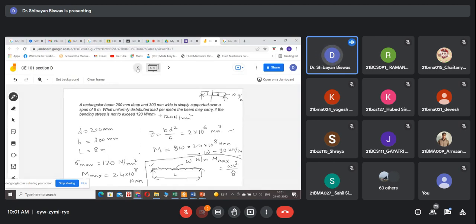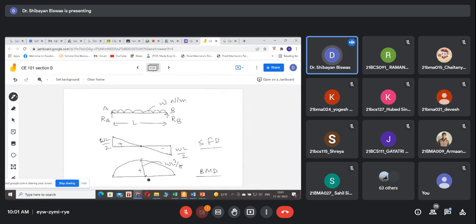From the bending moment part, we are only interested in the maximum bending moment value. This WL square by 8 gives us the maximum bending moment, so that expression is our important expression.